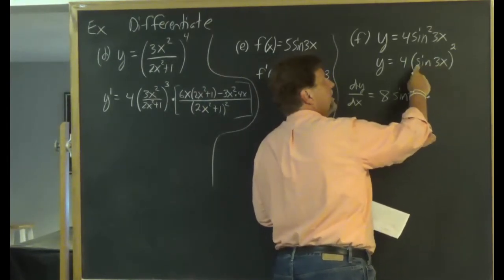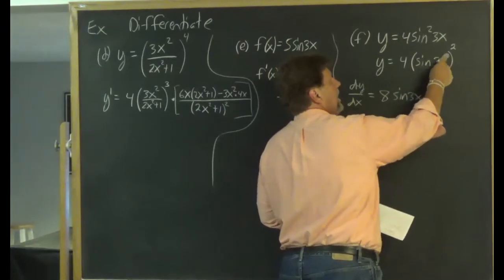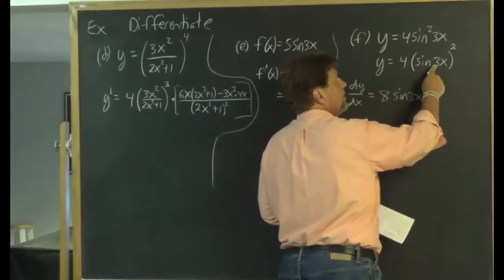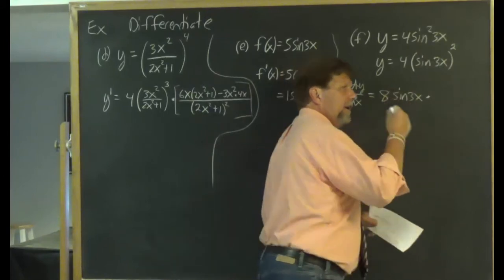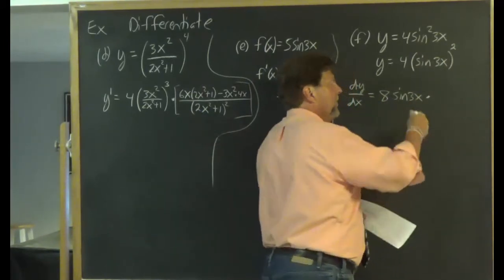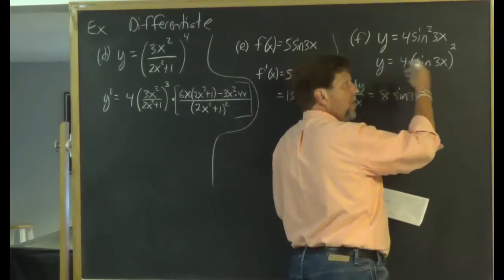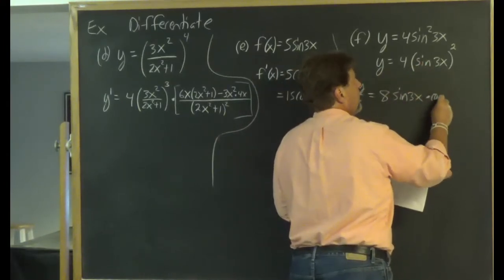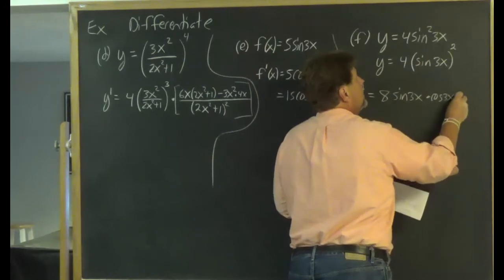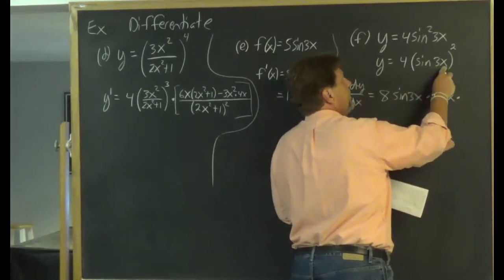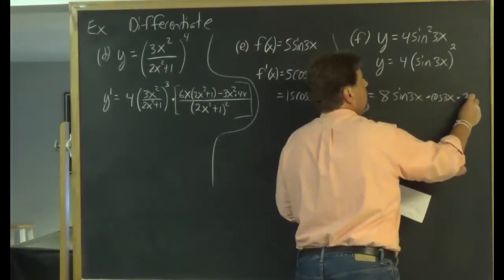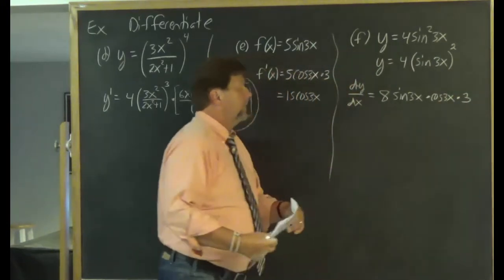Well, notice the inside function has an inside function, there's a 3x. So I have to take it a step at a time. So the derivative of sine 3x, well, the derivative of sine is cosine. So I'd have cosine 3x times the derivative of 3x, which is 3.